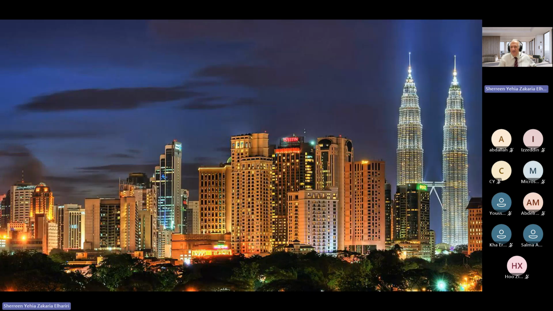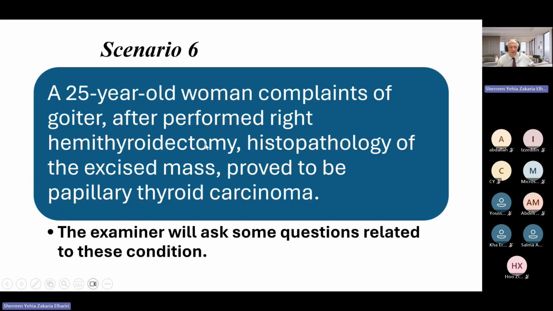All right. Because we still have time in the stations, we go to the next station with you. This is about the thyroid. It's very common also. A 25-year-old woman complains of goiter. After right hemithyroidectomy, histopathology of the excised mass proved to be papillary thyroid carcinoma.